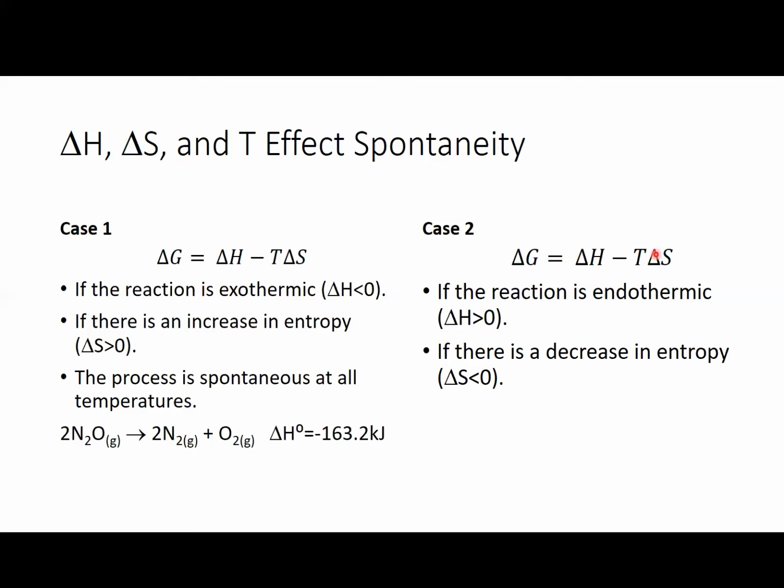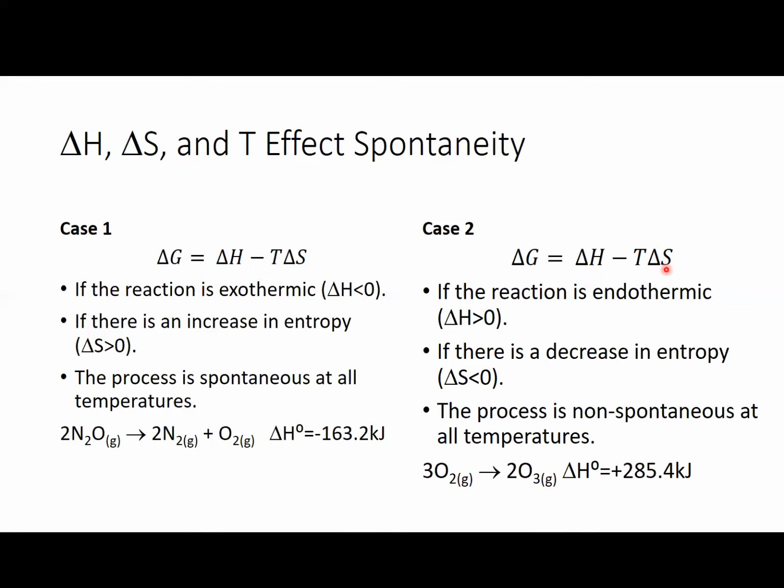And that means that no matter what the temperature is, this process will be non-spontaneous because this will always be a positive number. So something that is requiring heat and ends up more organized than it started will never be spontaneous at any temperature.